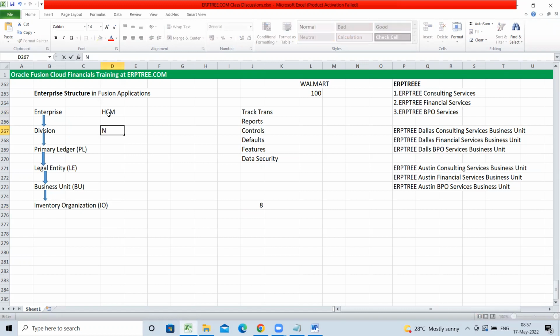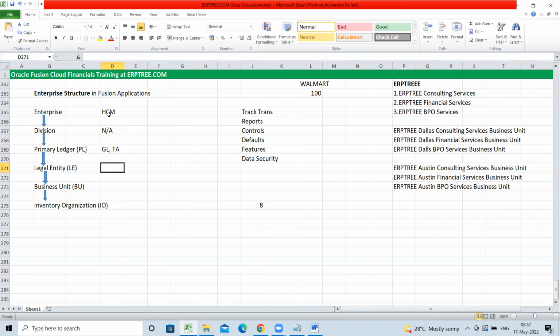At division level, not applicable: no applications can be mapped and no transactions can be recorded. At primary ledger level, we can map the GL and FA applications. These two applications stand at the primary ledger level.